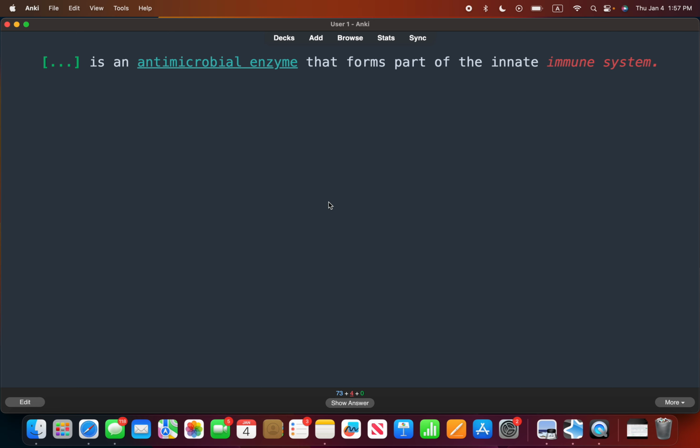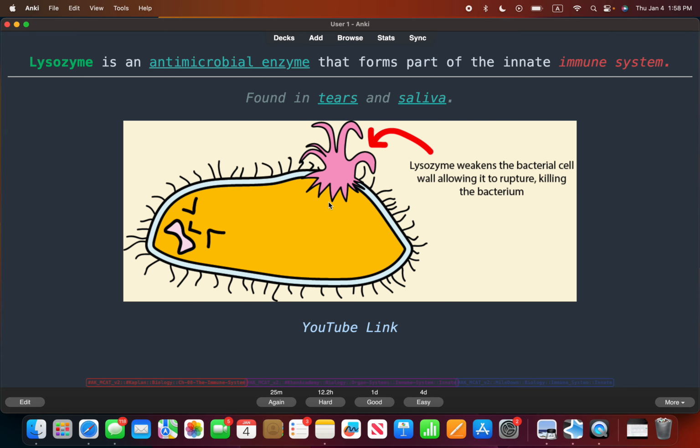What is an antimicrobial enzyme that forms part of the innate immune system? That should be lysozyme, right?